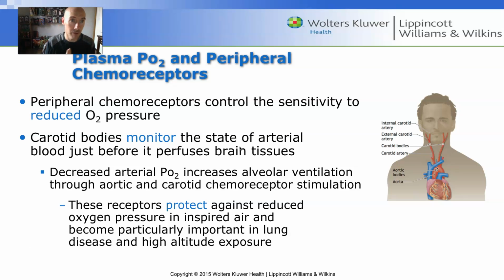The body prioritizes making sure plenty of oxygen is getting up to our head. So this area is very carefully monitored. Any changes in pressure or chemical environment in the blood vessels that supply our brain will cause some sort of change in our ventilation rate if necessary, right? That's all we want to say about that.